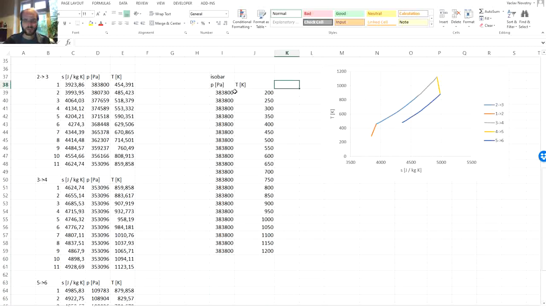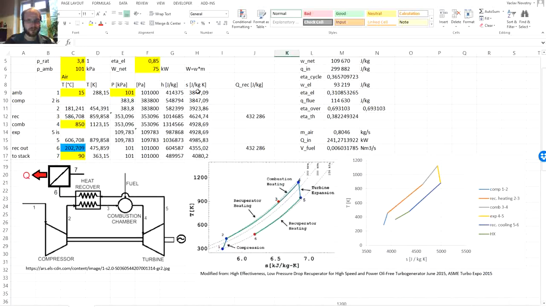And now from the pressure and temperature we can get the entropy. Well, let's borrow just some function somewhere here.